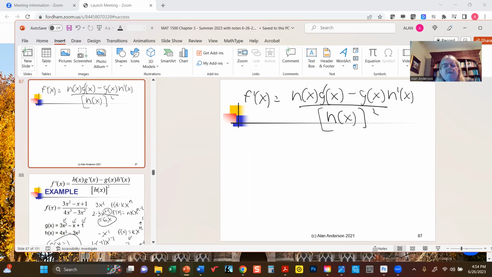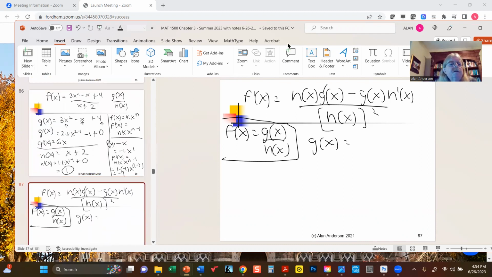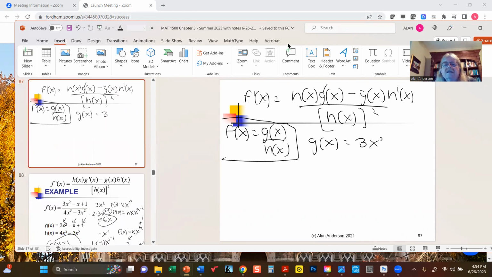Okay, so just keep in mind that f of x is originally defined to be g of x over h of x. Remember too that we saw that g of x equals 3x squared minus x plus 4.